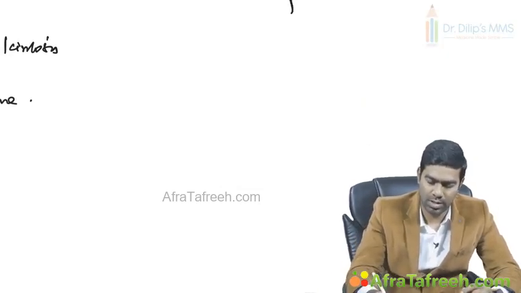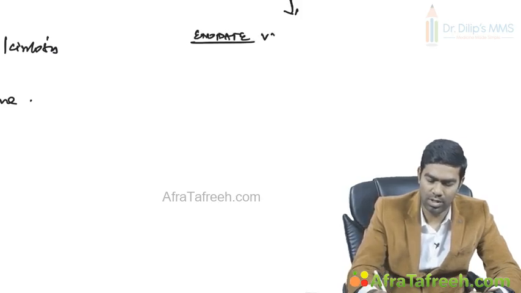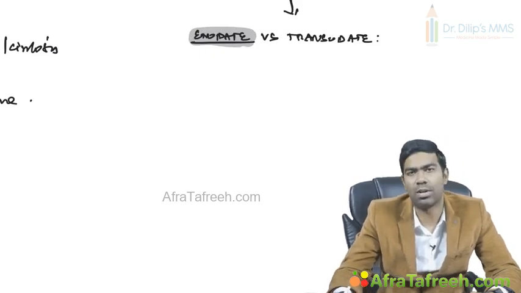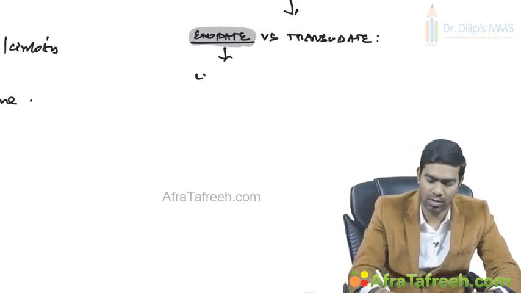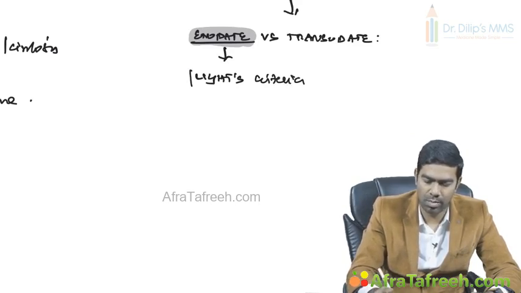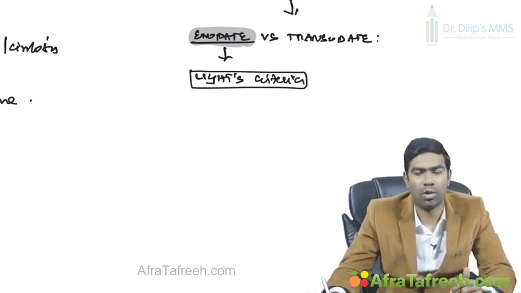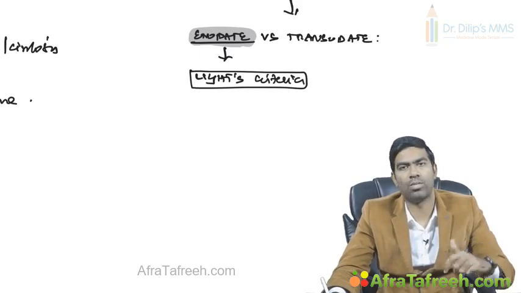So the next question is how to differentiate an exudate versus a transudate. Every medical student who has completed the final year of MBBS must know there is one criteria called Light's criteria, postulated by Richard W. Light, who has his own book exclusively on pleural disorders, which is an excellent book.